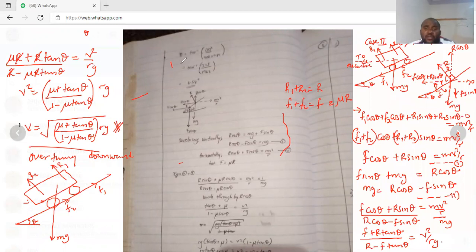And now the other thing also, these diagrams, you sketch them with a ruler. You don't just draw forces without a ruler, both in physics and mathematics. The forces must be drawn with a ruler.